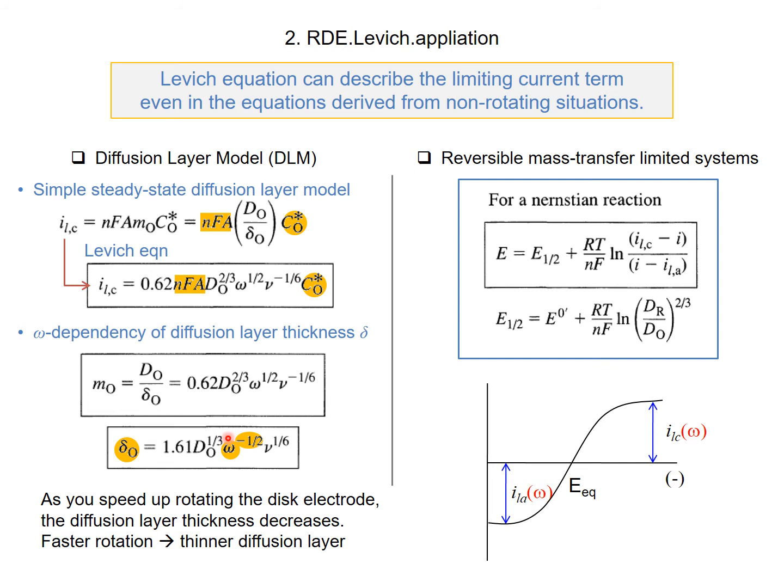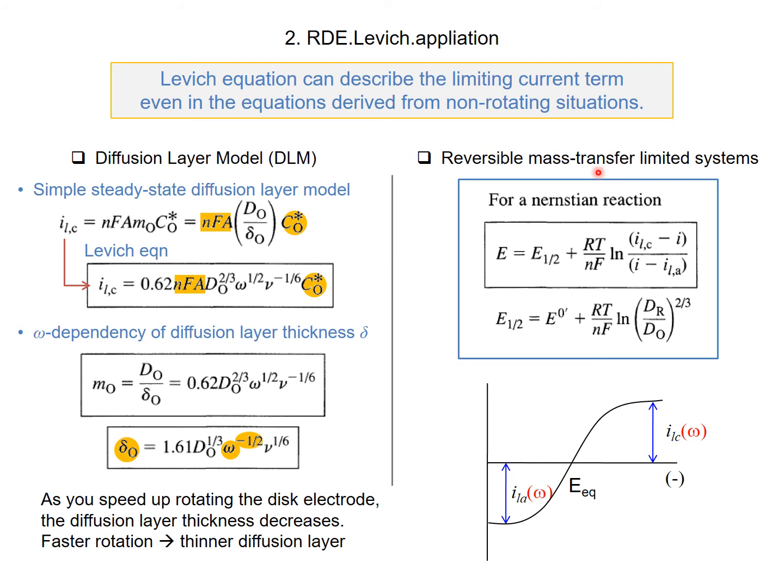It means that as you speed up rotating the disk electrode, the diffusion layer thickness decreases, or faster rotation results in a thinner diffusion layer. This is kind of an obvious thing. Faster rotation gives a thinner diffusion layer. It was the benefit of the hydrodynamic technique. Let me go to the second example.